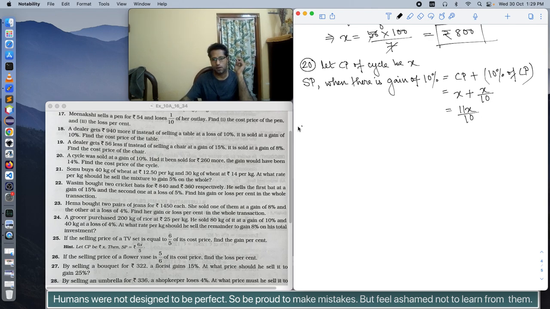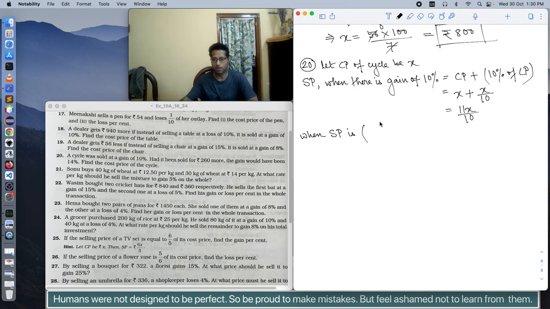Now, this implies that it is saying had it been sold for rupees 260 more, 260 more than what amount? 260 more than the previous selling price, which is 11x by 10.